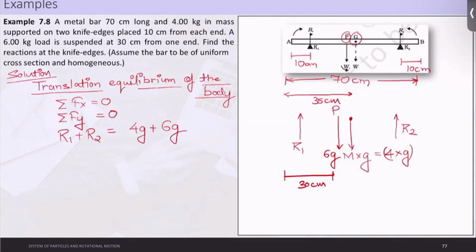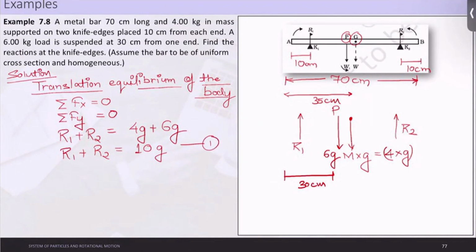So we can either write R1 plus R2 minus 4g minus 6g equal to 0, or write R1 plus R2 is equal to 4g plus 6g. So this is the first equation we obtained: R1 plus R2 is equal to 10g.